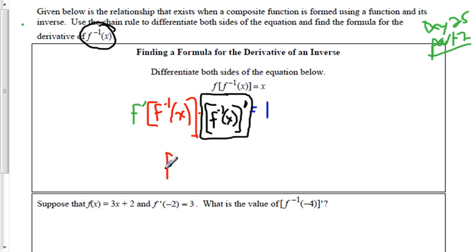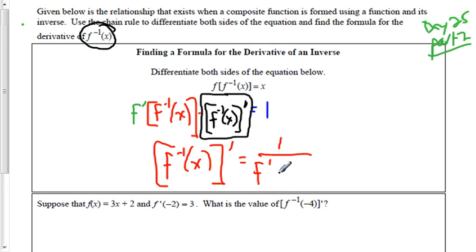So I'm going to be left with the derivative of the inverse right there, and that's going to be equal to 1 all over f prime of f inverse of x. Okay? So this now lets us know what the derivative of the inverse is.